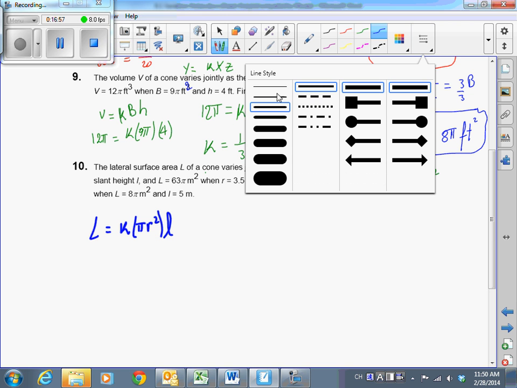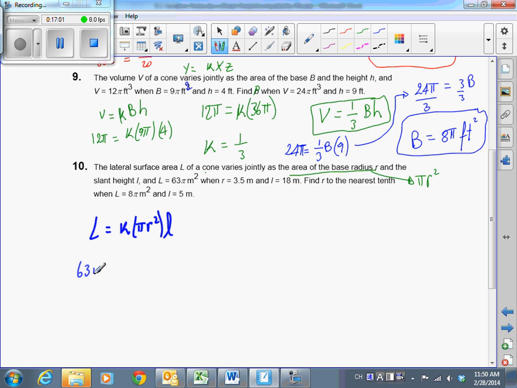It says that L is 63 pi, K remain K. Do we know the radius 3.5? That will be pi times 3.5 squared. Do we know the slant height? Yes, 18. So what I will do first is do 3.5 squared times 18.